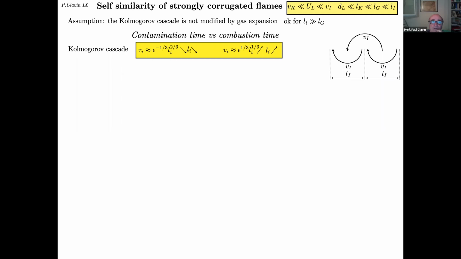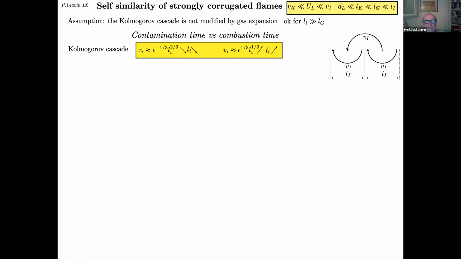Now, concerning the velocity propagation of a turbulent flow, it's clear, thanks to the Kolmogorov scaling, that the turnover time increases with the size of the vortex.